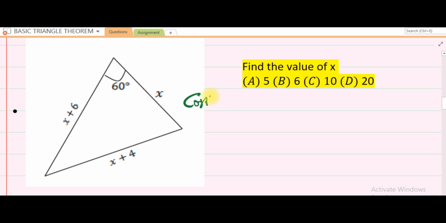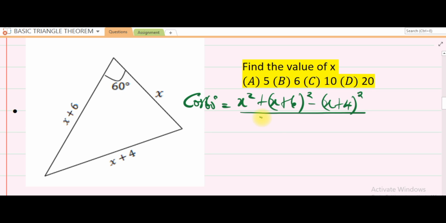cos 60 degrees equals x squared plus (x plus 6) all squared minus (x plus 4) all squared over 2 times x times (x plus 6). That's another way of writing cosine rule.